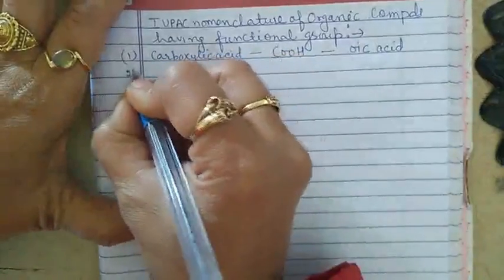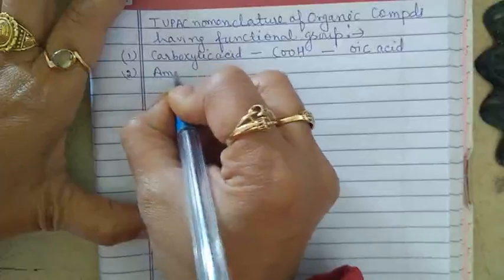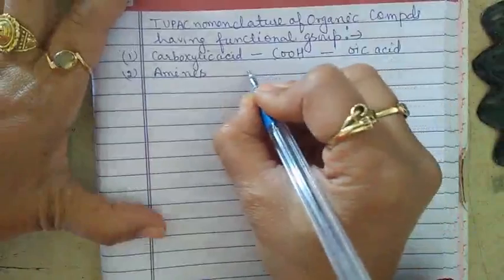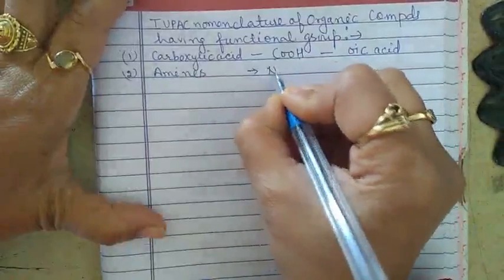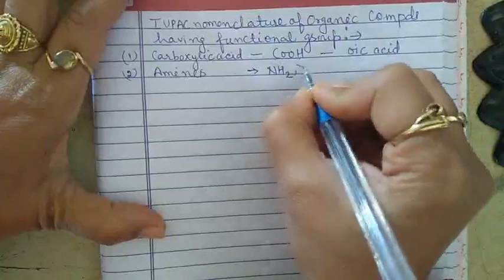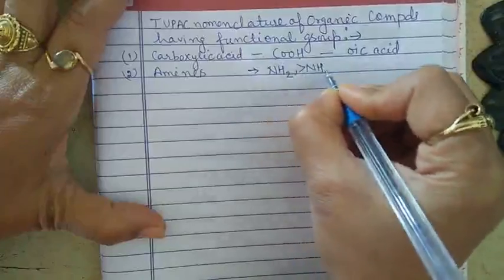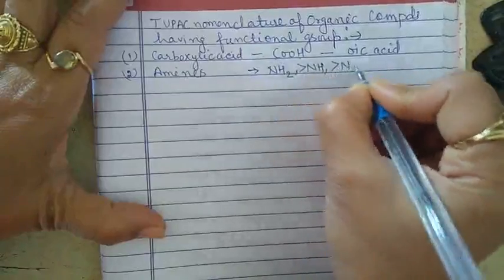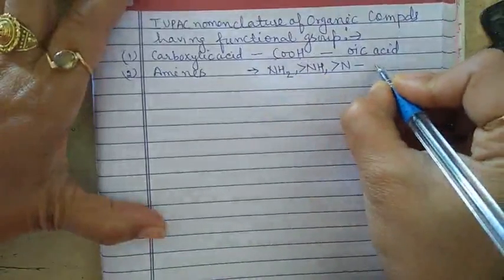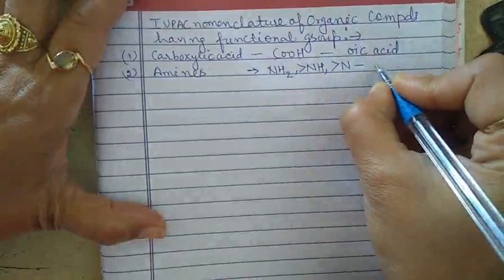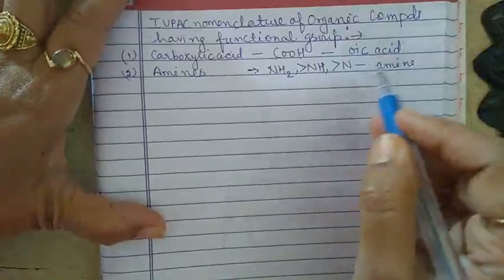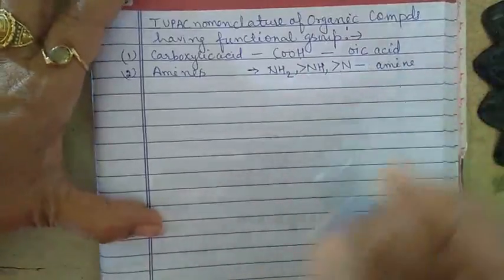Now if the functional group is amine, we can recognize the amines as NH2, or NH, or N. These are the symbols for the amines, and the suffix used is amine.